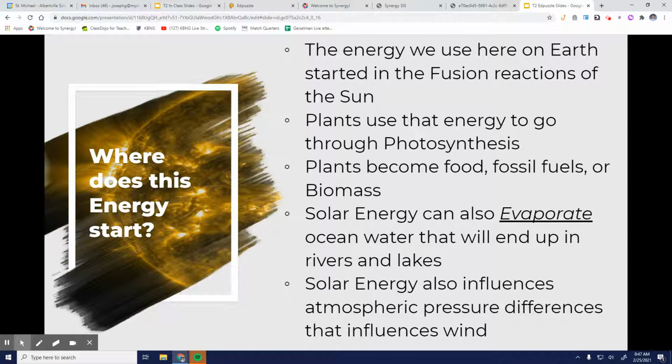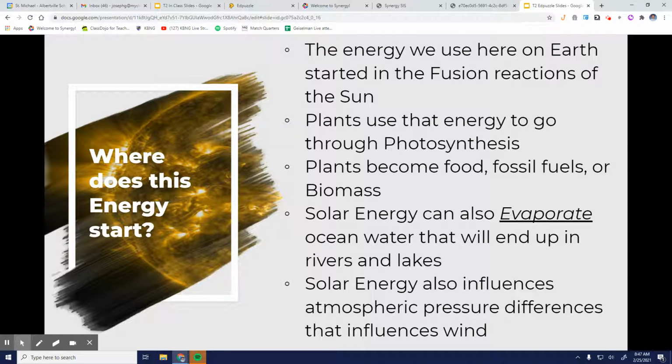Now, the very easy, obvious one is that plants use this energy here on Earth to go through photosynthesis. Photosynthesis is the process in which plants make their own food by using the energy from the sun, something we cannot do. Those plants then either become food for us, whether it's eaten by an animal and we eat the animal or we eat the plants directly.